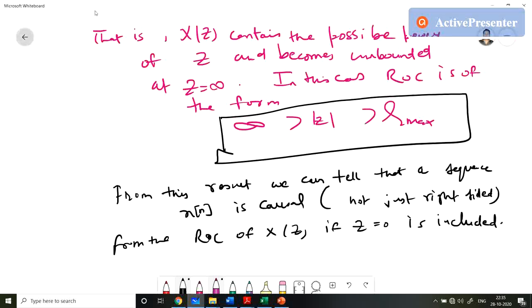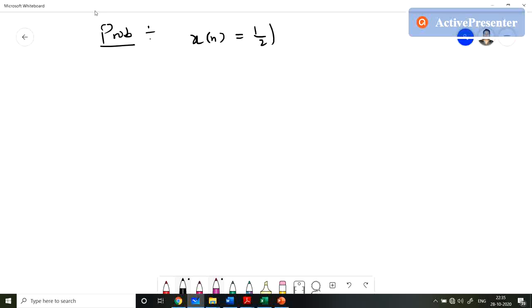So let us do another problem. The problem is we need to find the z transform of x[n], given as (1/2) raised to the power n u[n] plus (1/3) raised to the power n u[n].